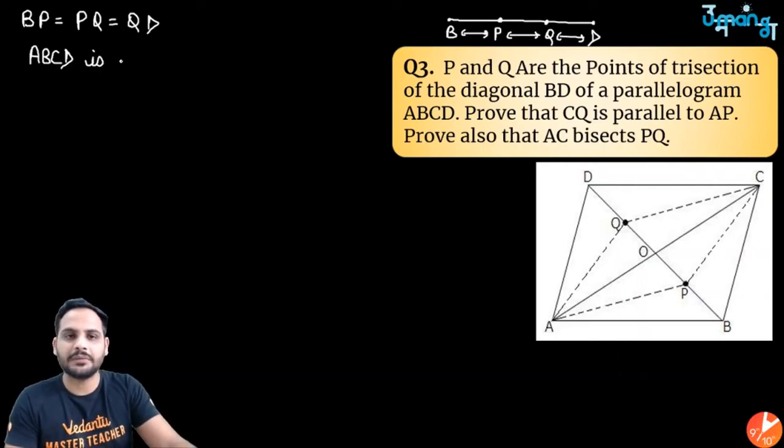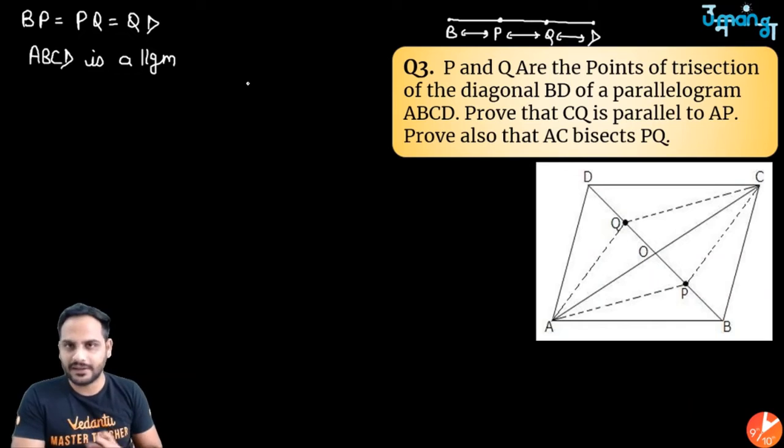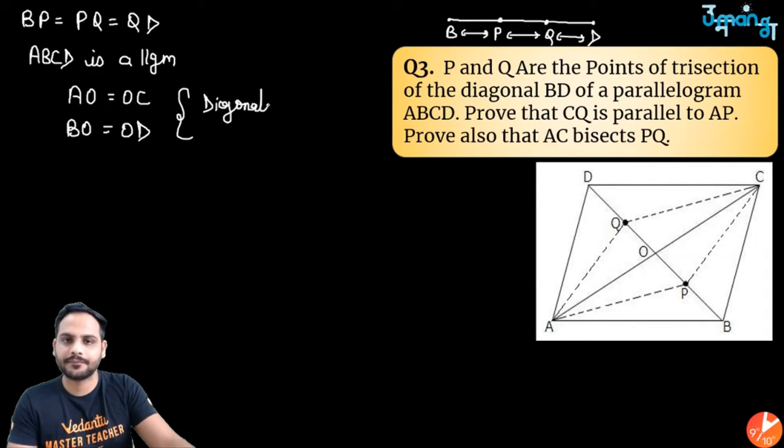So I can clearly say for sure that in a parallelogram diagonals bisect each other. So I can say AO is equal to OC and BO is equal to OD. Why? Because diagonals bisect each other. ठीक है?